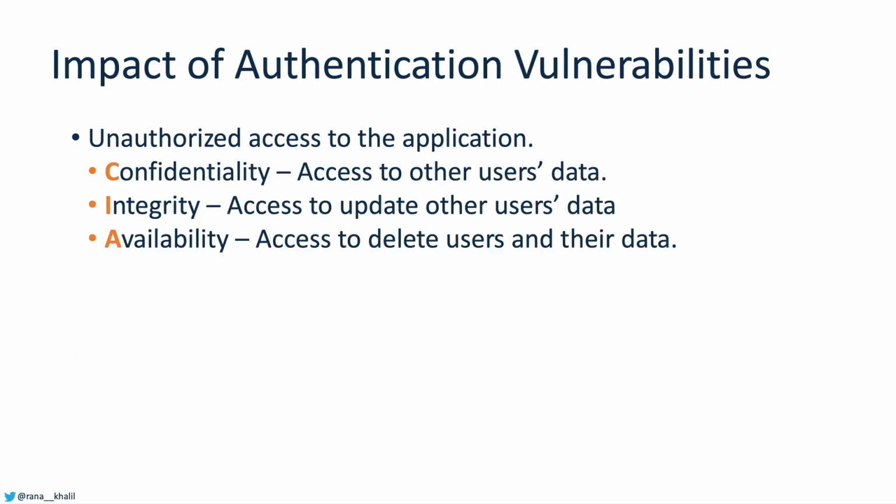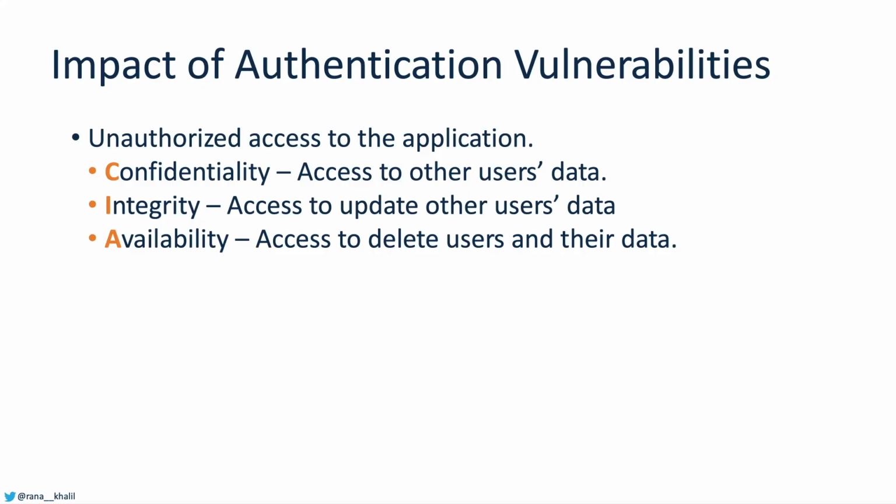All right, let's move on to discussing the impact of authentication vulnerabilities. So we've touched a bit on that in the previous slides, but as usual, when I discuss impact, I like to measure it in terms of how it impacts the CIA triad. So confidentiality, integrity, and availability. Now, authentication vulnerabilities allow you to compromise a user's account.